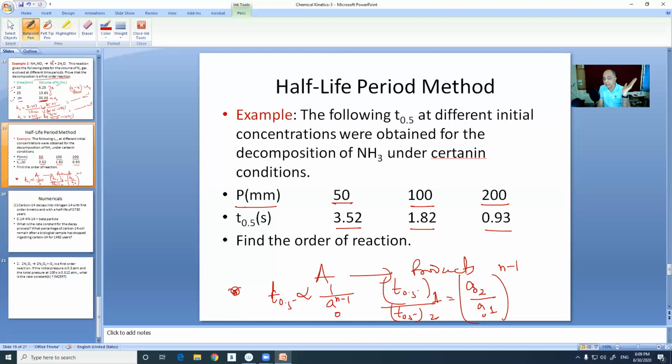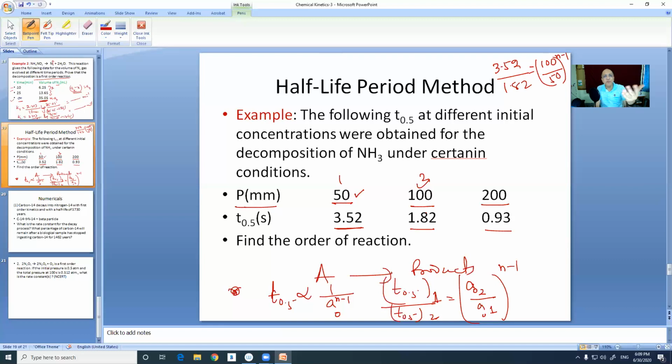So you put the data, one set of data, let us put initial concentration 50 and 100. Here the two data, this is 2, this is 1, and the corresponding half-life period is 2 and 1. So t half 1, 3.52, by data 2, that is 1.82, is equal to A02, that is 100, by corresponding A01, 50, to the power n minus 1.